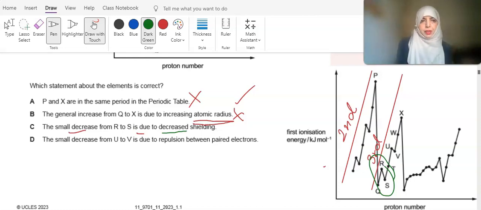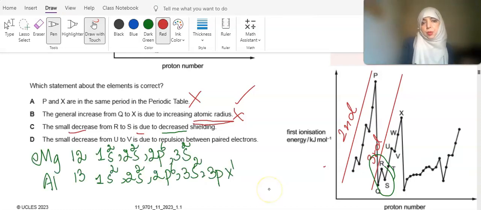As you know that from magnesium to aluminum, proton number 12 and proton number 13, you can see there is addition of a subshell. So there will be an increased shielding effect. So this statement is also wrong.